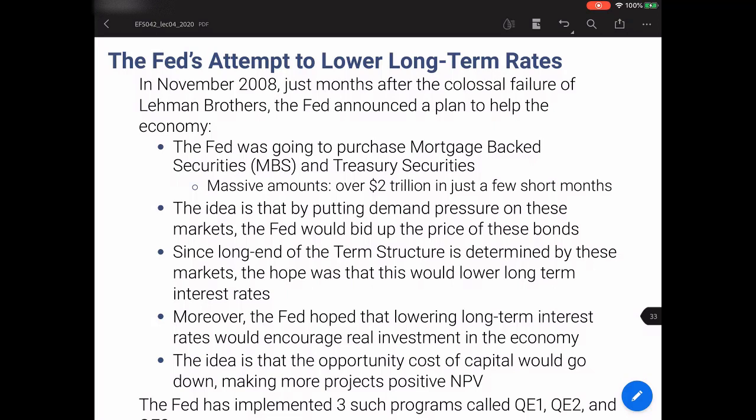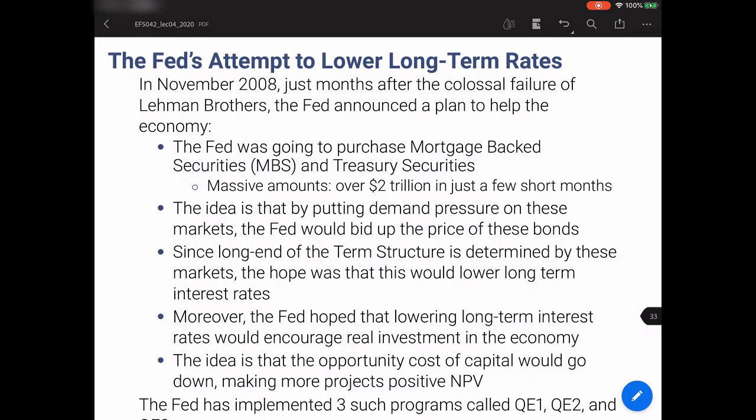Okay, just to remind you of the mechanism, if the Federal Reserve or the central bank decides to buy back government debt, what they're essentially doing is swapping out government debt from the debt markets and injecting cash. And so when they decide to buy debt, they're putting upward pressure on the prices of this debt, and the yield to maturity therefore is decreasing.